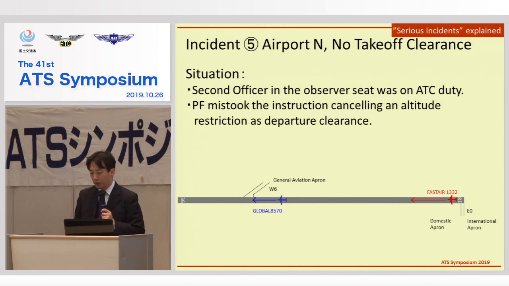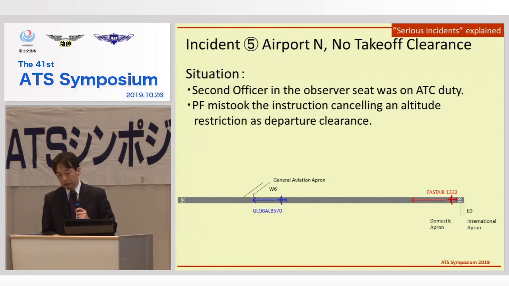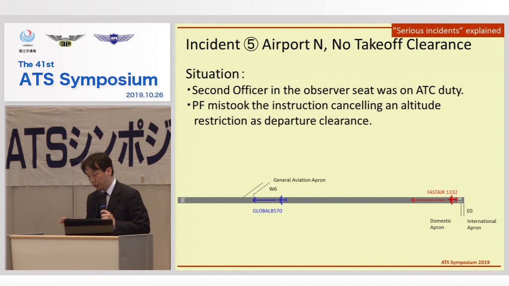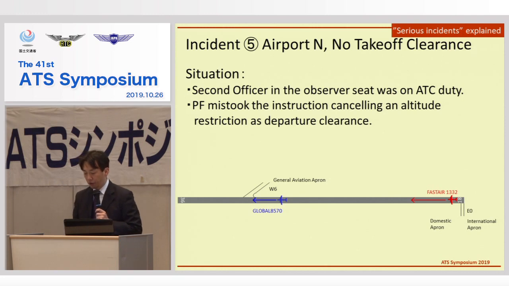The last one happened on the same runway as incident number 4. There were 3 pilots in the cockpit of Fast F1332. The first officer was in the right front seat, and the second officer was in the observer seat, and the second officer was on radio communication duty. Fast F1332 lined up on runway 18.